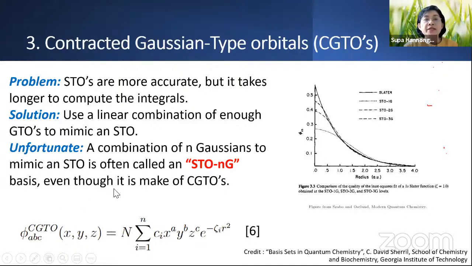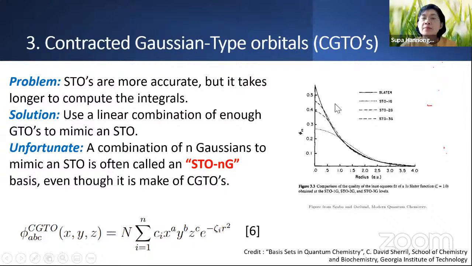Even though it is made of a contracted Gaussian type orbital. I mean, the contracted Gaussian type orbital is actually one of the types of basis function, but most people call it STO-NG because it's famous, but actually it's the same.